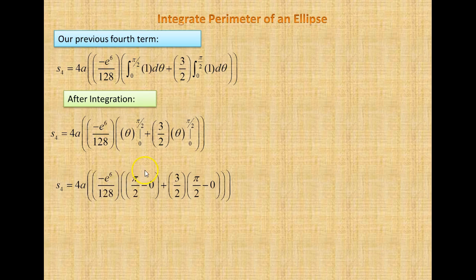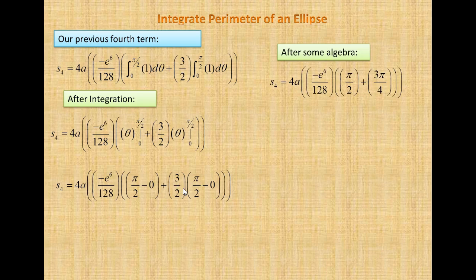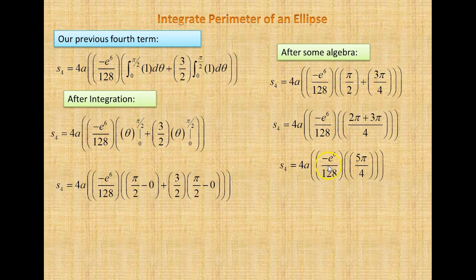When we use the limits, we get pi over 2 minus 0 and 3/2 times pi over 2 minus 0. And after some algebra, we get 5 pi over 4, and we get 1/8 times 5 pi over 4.